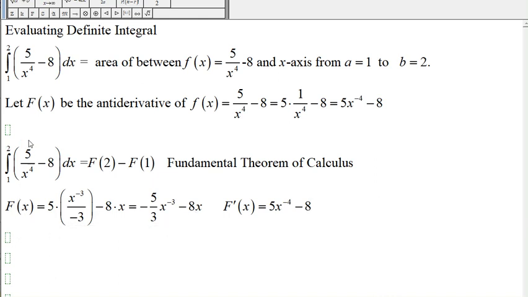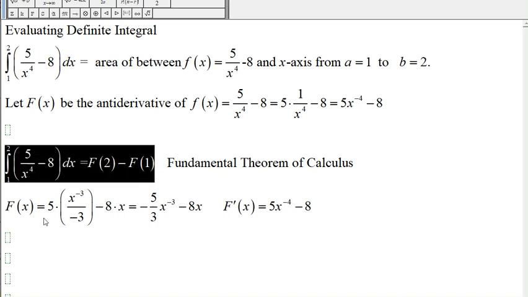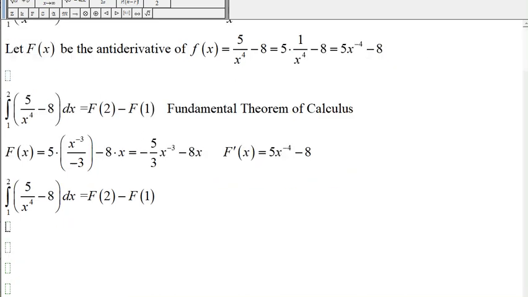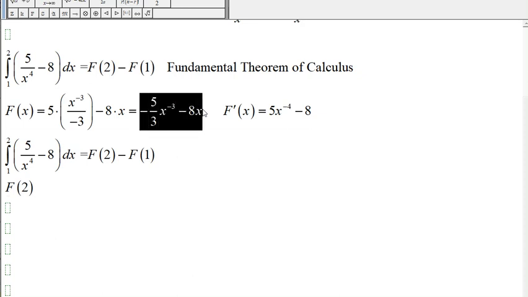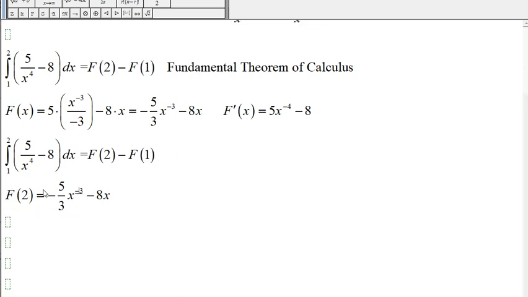And so now we need this part right here. And so we need F of 2. So in the place of x, we would put 2.